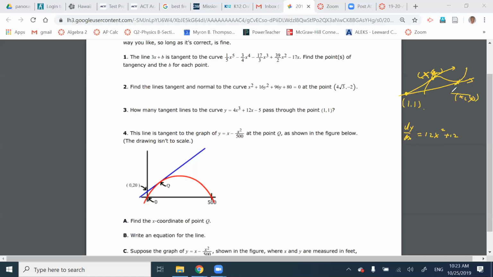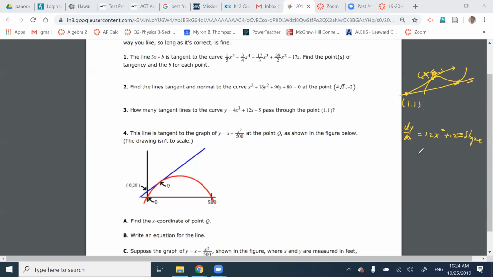We don't know, right? So if we say how many, that means you will find how many pairs of x and y. So what I'm gonna do is this. The tangent line, this is slope. This one equals the slope of this tangent line.